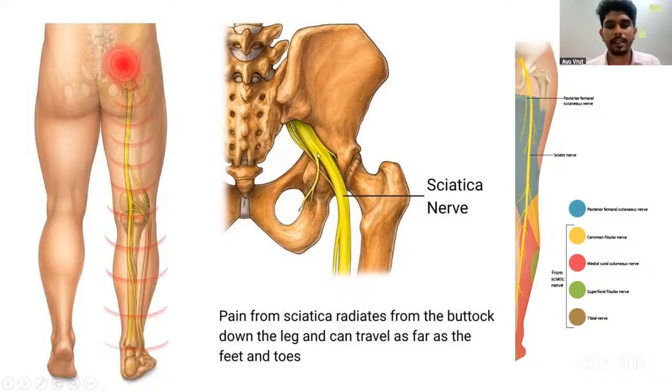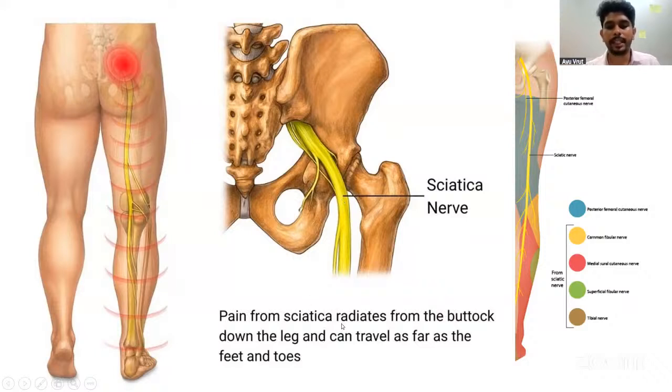Second, it is just in front of the acetabulum of the femur. So if you ask the patient to rotate his leg or do any flexion extension test, you will see that he will have that kind of irritation because this sciatica nerve is very close to the acetabulum.